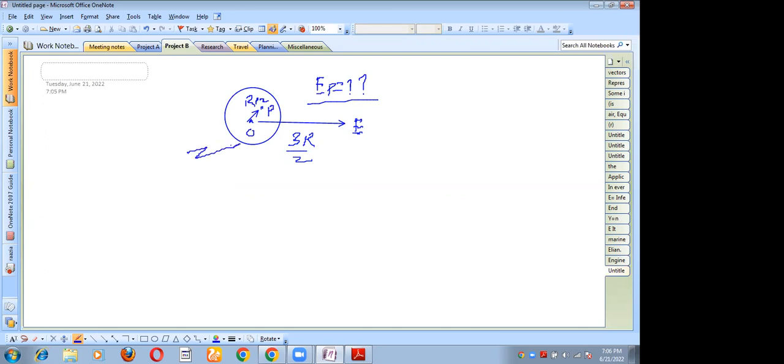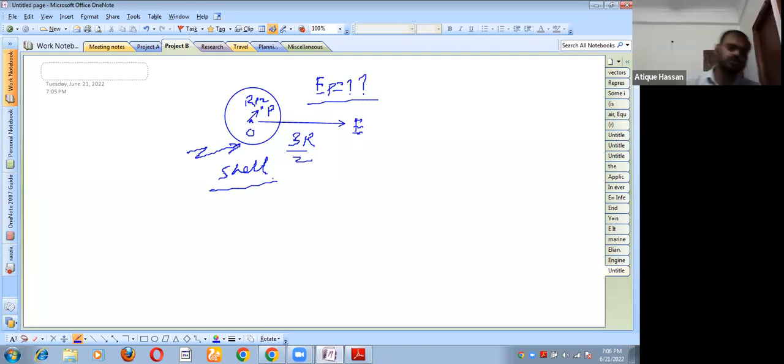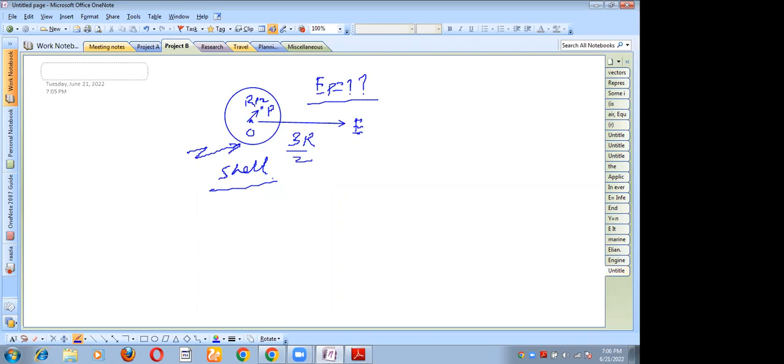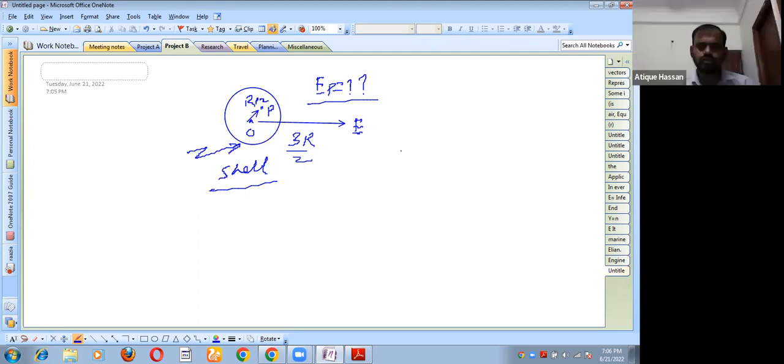Yes, sir. This is the shell. So can you solve it? What will be its value? 0. Correct. It should be 0, since at r by 2 the point is inside the shell.